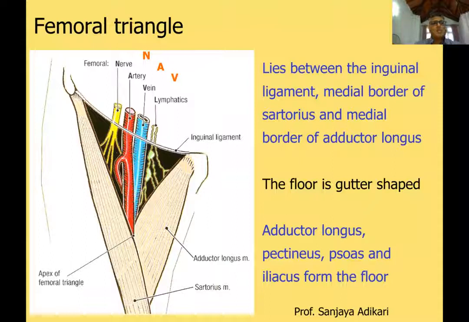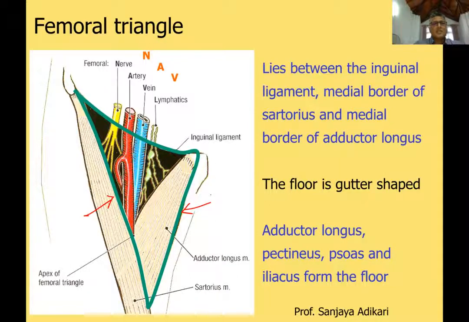A few things about the femoral triangle. Its base is the inguinal ligament, the lateral border is the medial border of the sartorius muscle, and the medial border is the medial border of the adductor longus muscle.